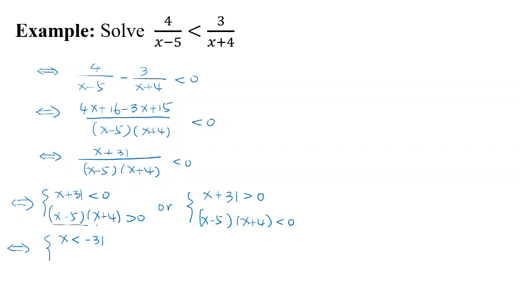And then we need to consider this is a quadratic function, right? It has 2 roots and it's opening up. First root is x being minus 4, next one is x equals 5. So the intervals that make this function greater than 0 are here and here, right? So this is equivalent to x is less than minus 4, or x is greater than 5, right?